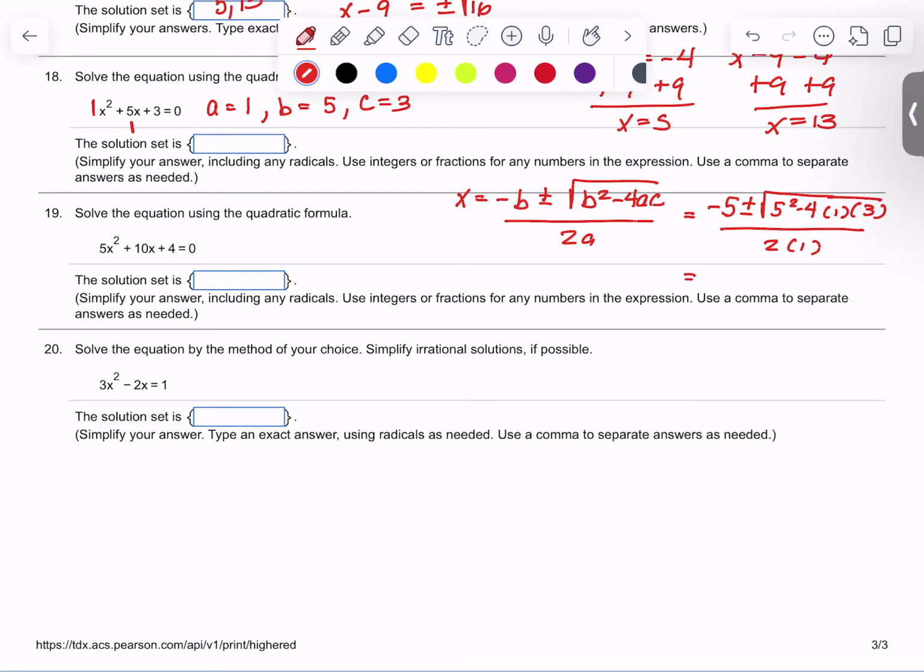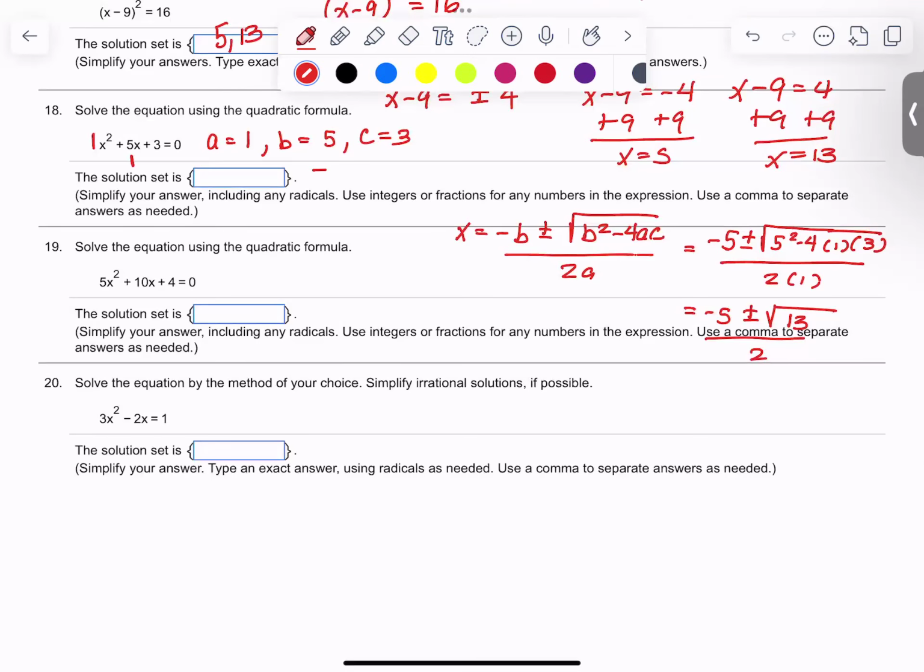So that is negative 5 plus or minus the square root of 25 minus 12, which is 13, all over 2. And that is as simple as that's going to get. So it's negative 5 plus or minus the square root of 13, the whole thing over 2. You can't reduce the square root of 13, so you're done.